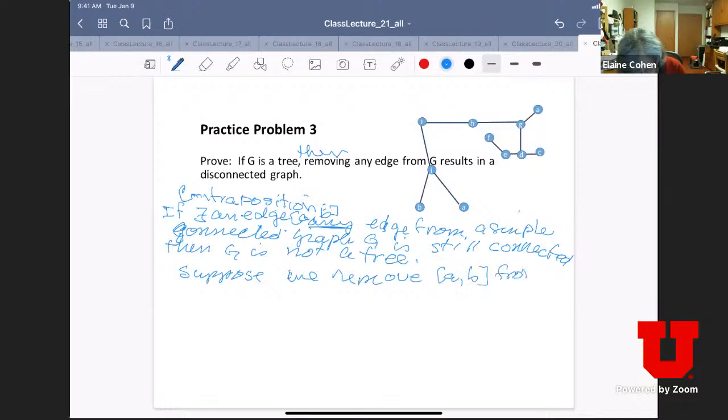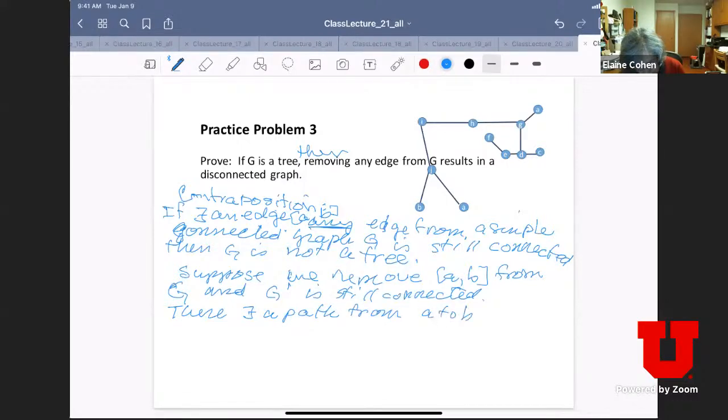From G. And G prime is still connected. Okay, that means then there exists a path from A to B in G prime.